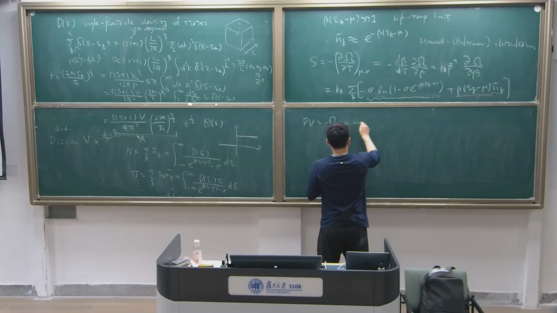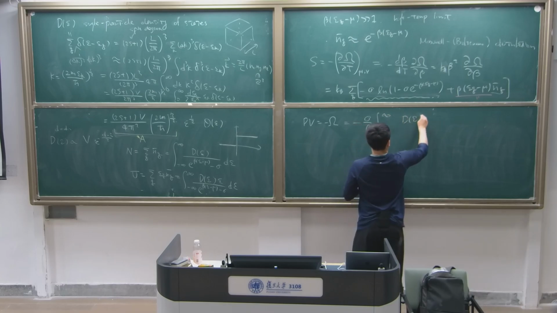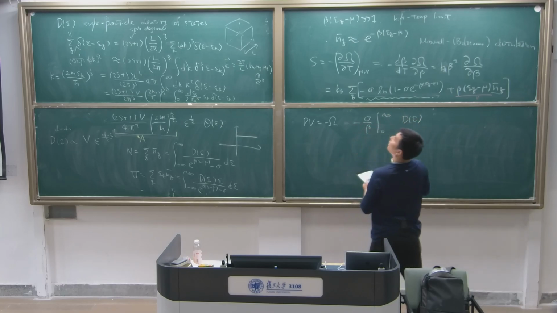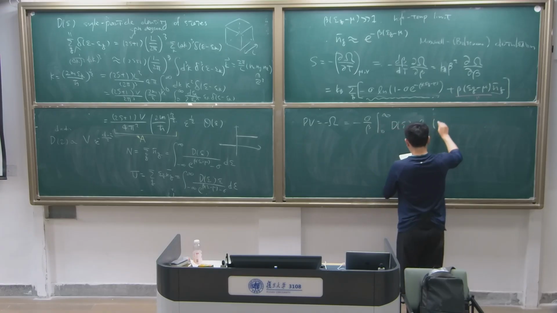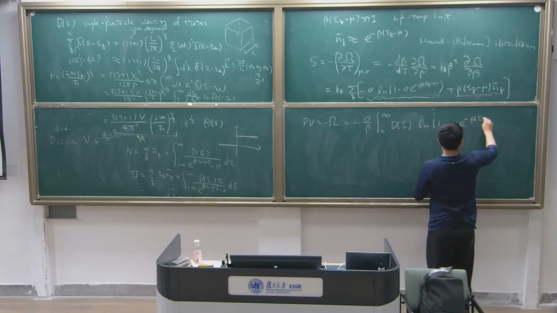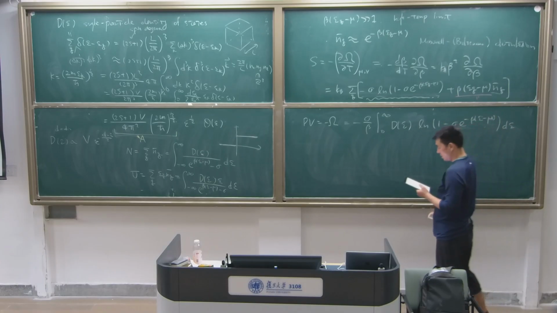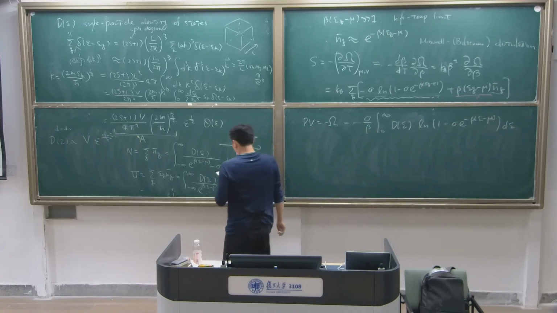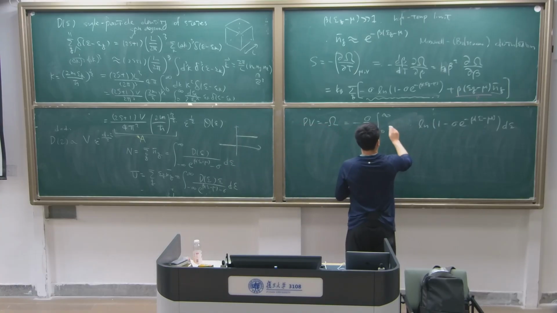And this is equal to, we already saw, 0 to infinity. If you use this single-particle density of states, dE, g of E, log of 1 minus sigma e. So now just substitute this one equal to A times E to the 1 half.